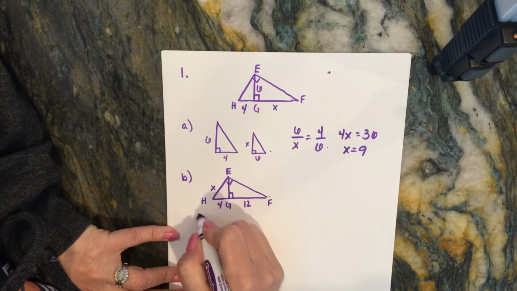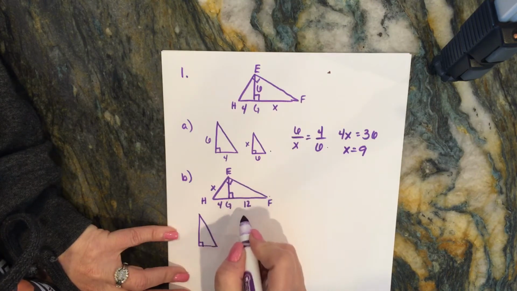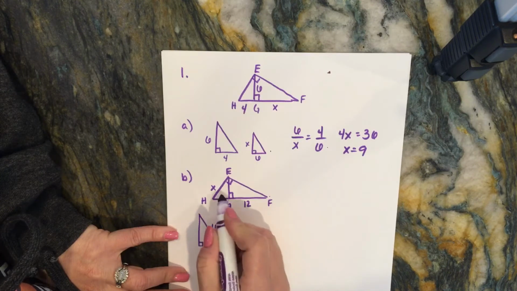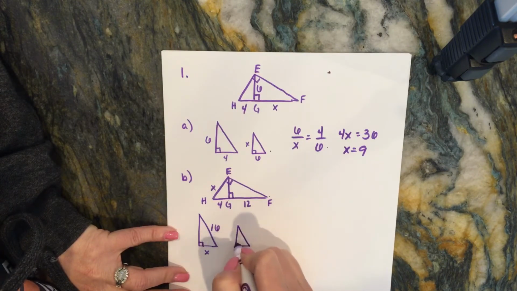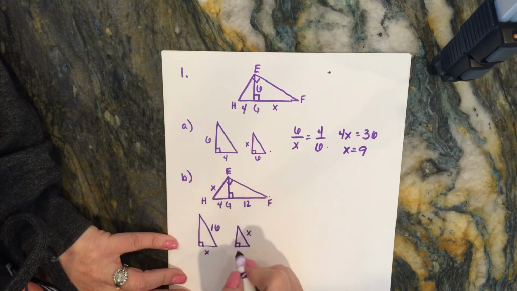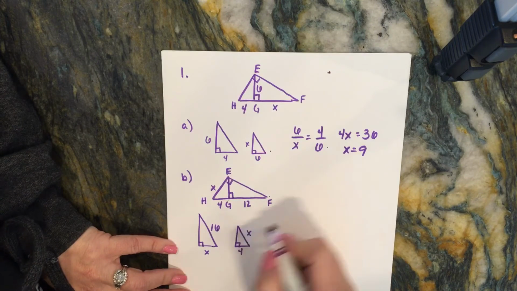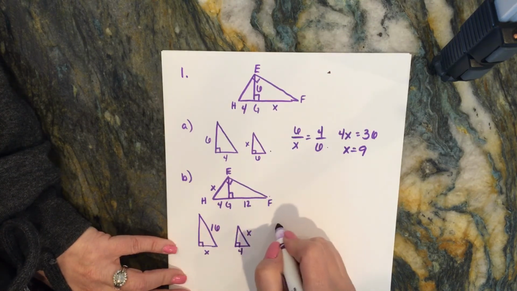There's the really large. We know the hypotenuse of the really large is 4 plus 12, so 16. And the shortest leg is X. In the small right triangle, we know the hypotenuse is X and the shortest leg is 4. So 16 is to X as X is to 4.